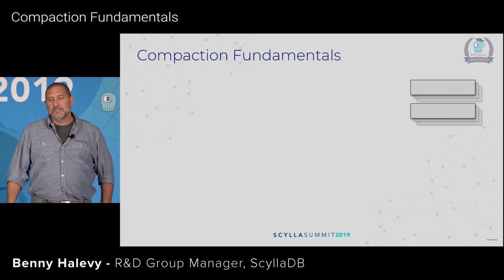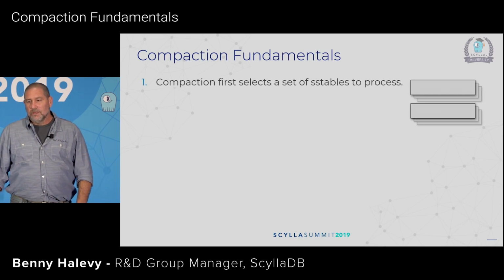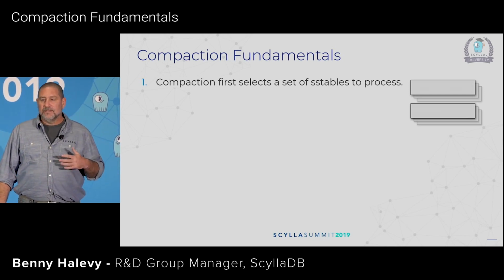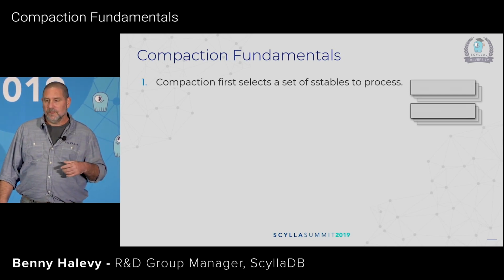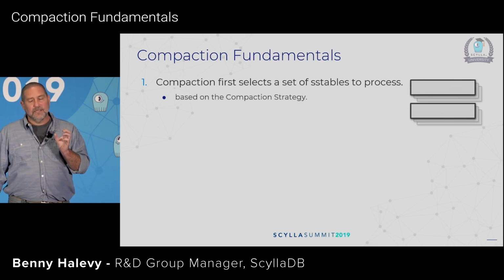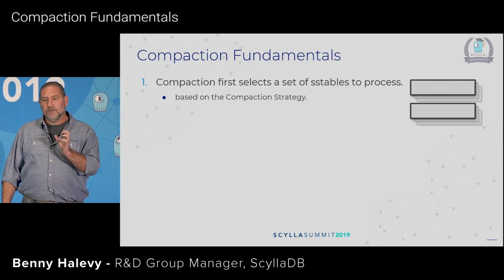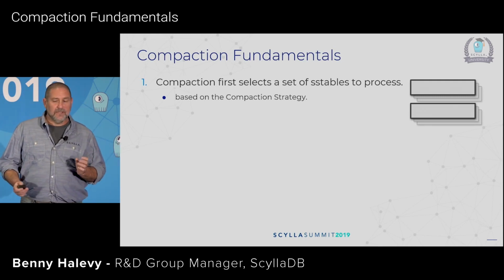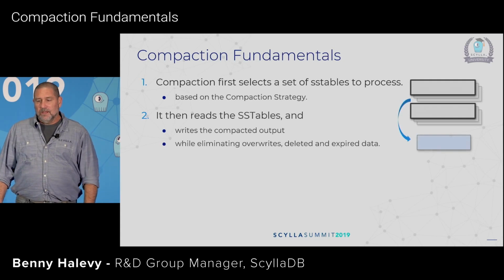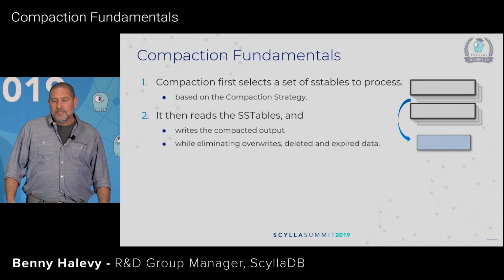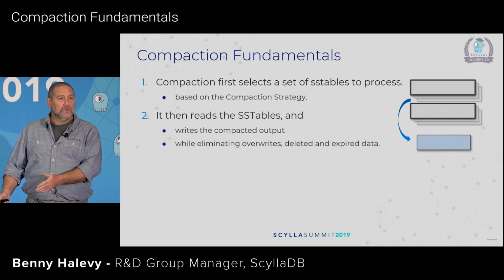So let's go over the fundamentals of compaction. The first step for compaction is to select a set of SSTables to process. The algorithm that selects these SSTables is part of the compaction strategy. So different compaction strategies may have different selection criteria. Then compaction reads these SSTables and writes the compacted output onto a new SSTable.